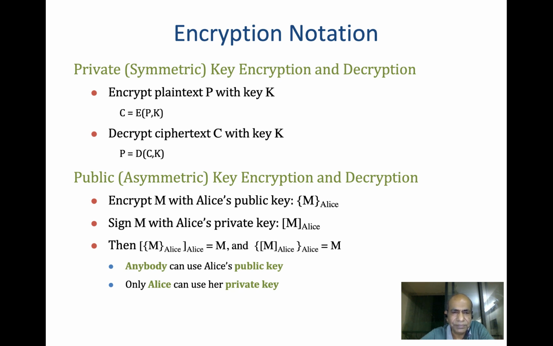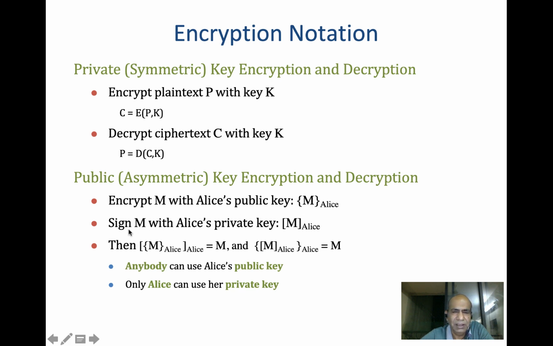Okay. The notations are as follows. If Alice is using her own public key to encrypt a message, then we say M in curly brackets with subscript Alice. It means that Alice is using her public key to encrypt a message.